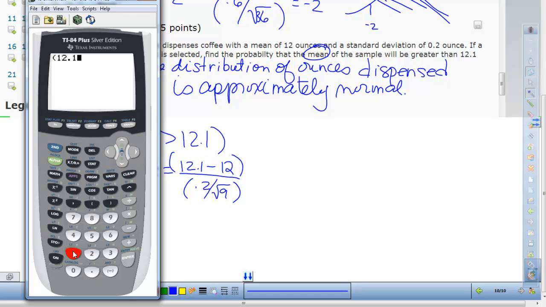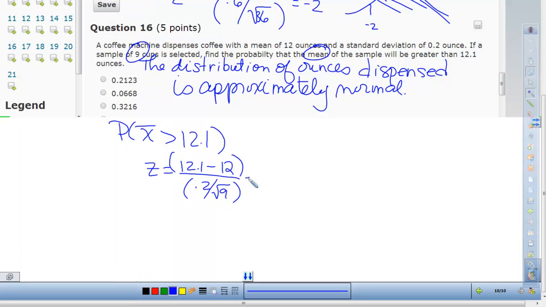So we've got 12.1 minus 12 divided by 0.2 divided by 3. I got 1.5. That's my z value. So we're interested in the probability that z is greater than 1.5.